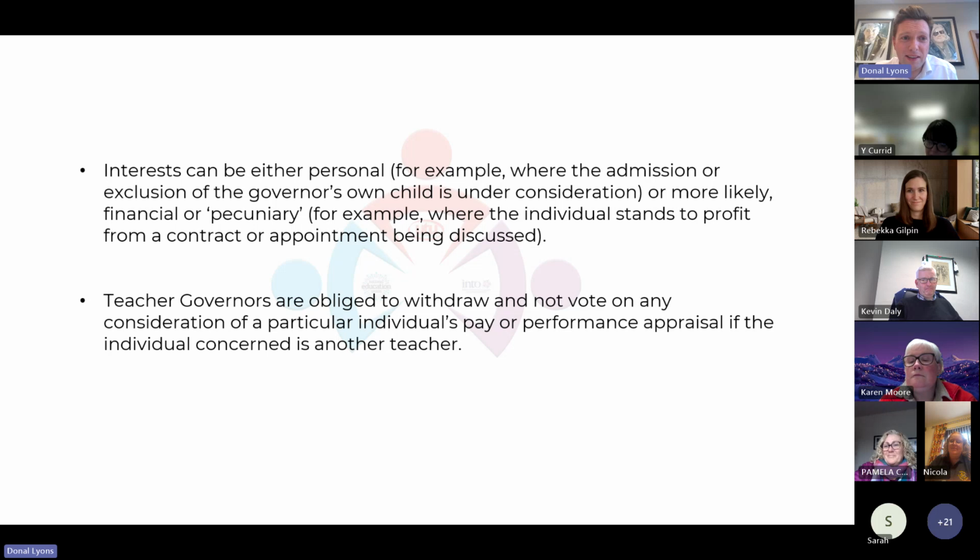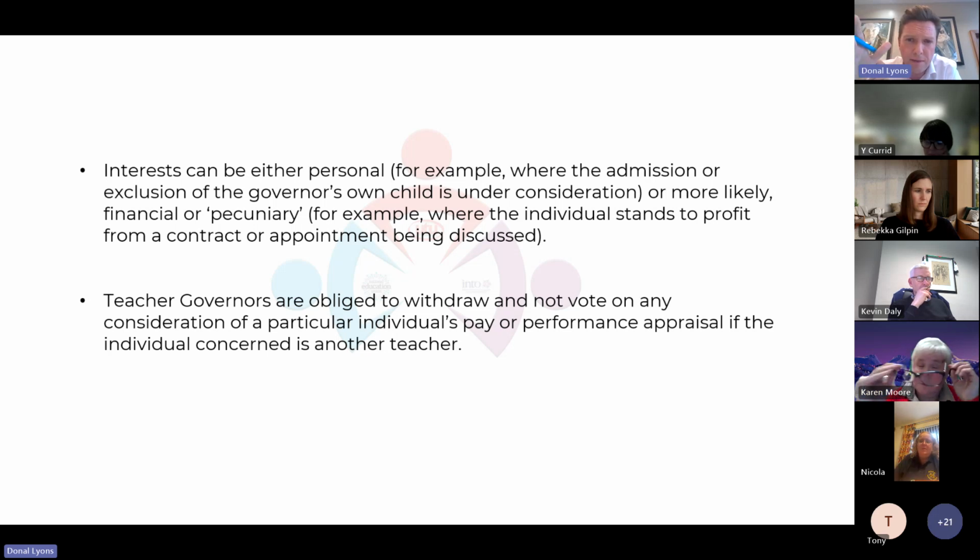The other aspect where conflict comes in is where there is consideration of a particular individual's pay or performance appraisal, if the individual is another teacher. Now, this is quite a difficult concept, and there is a bit of a fine line here. One of the final things I'll talk through is ways you can make sure you're navigating that fine line appropriately.